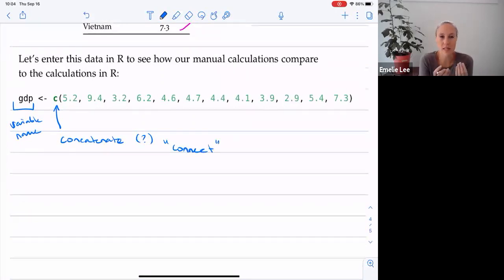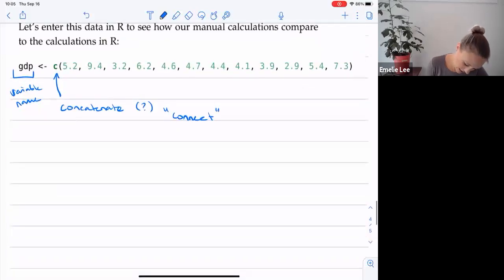This creates an array, and an array is just one column of data.